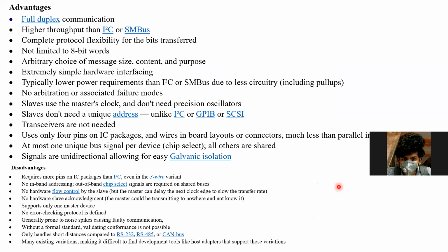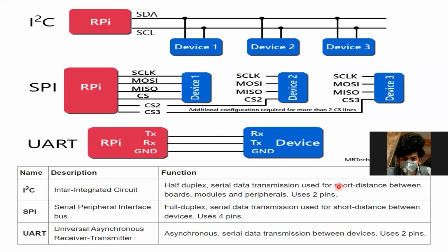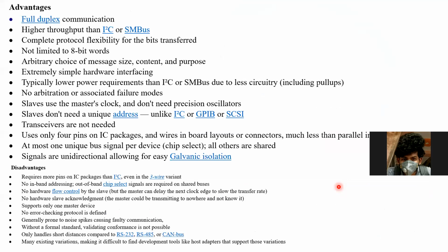Then advantages and disadvantages are given. Advantages: here we have full duplex communication, and many wise arbitrary choice will be there. The slave uses the master clock, so I don't need any precision oscillators.